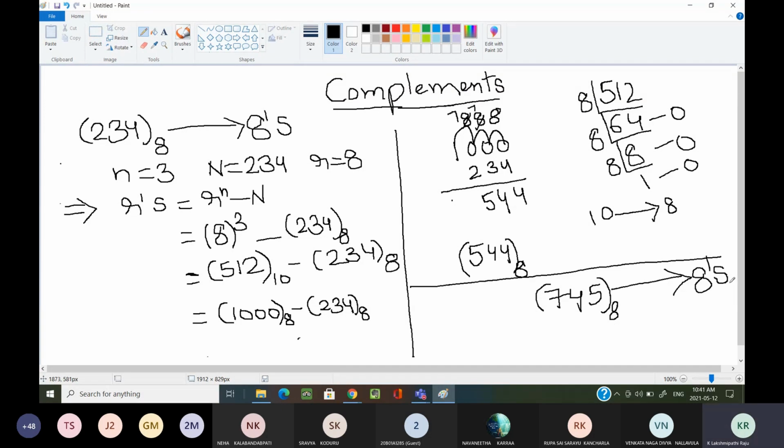Now I want the answer. 033 of base 8. That 0 is actually not necessary; if you are not mentioning it, it's not a problem. 33 of base 8, I think.